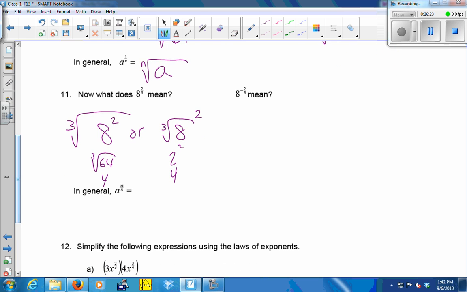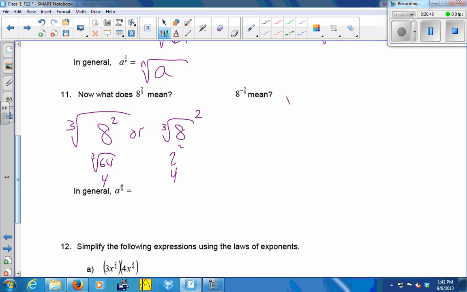All right, how about 8 to the negative 2/3? What should I do there? How did you get the negative 64? Okay, so my power is a negative 2. All right, so I'm just going to back up one step to before what you did in your head.